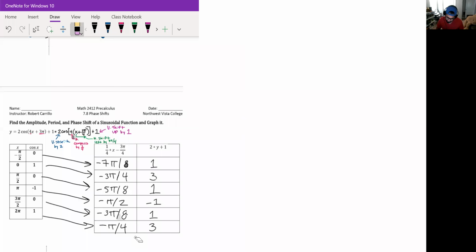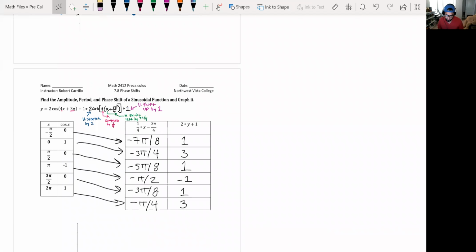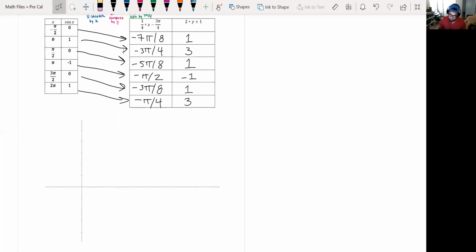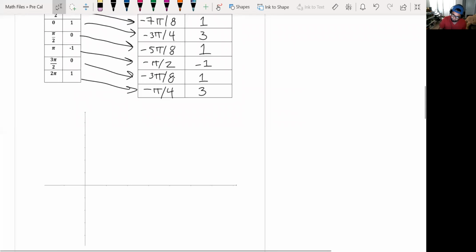All right. Now we go ahead and plot. I'll start here. Negative 7 pi over 8. Negative 3 pi over 4. Negative 5 pi over 8.